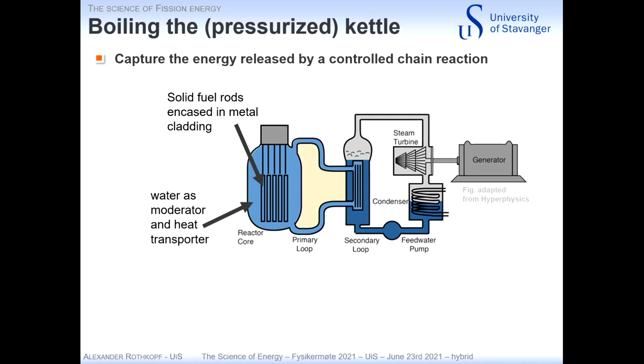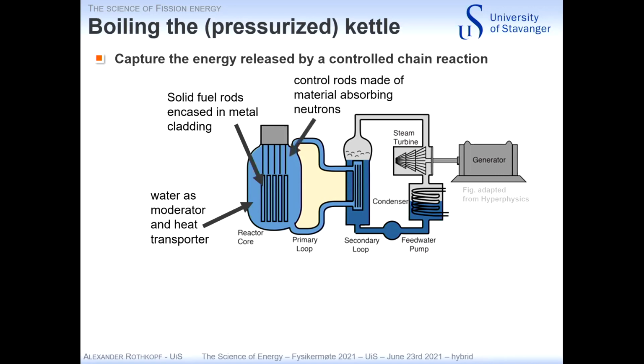Here, that is water that fulfills both the role as a moderator and as heat transport medium that you heat up to very high pressures. You feed it into this primary coolant loop that is closed by itself. There's a heat exchanger with a secondary loop where you now create from that heat steam that drives a steam turbine to generate electricity.